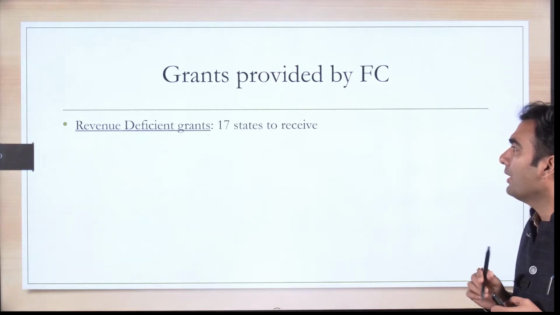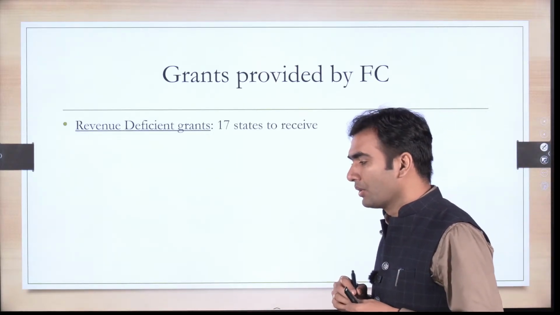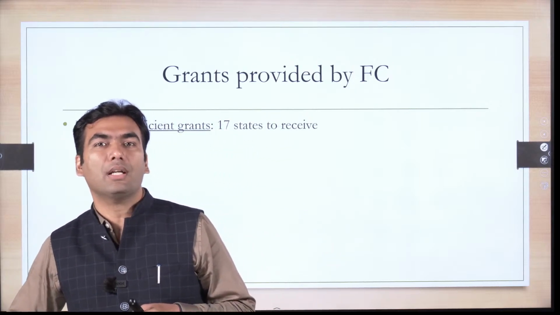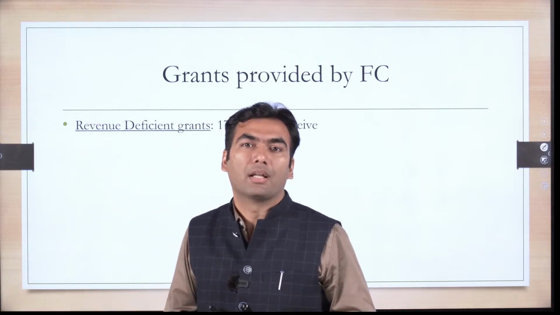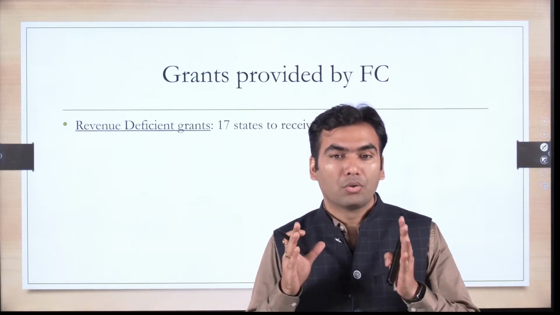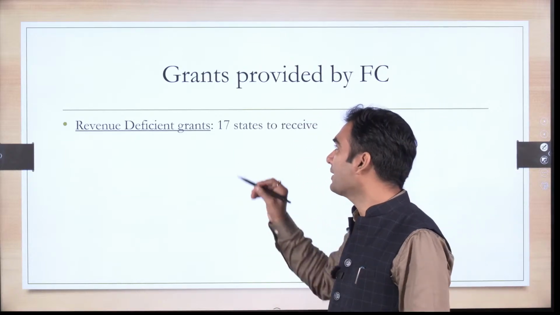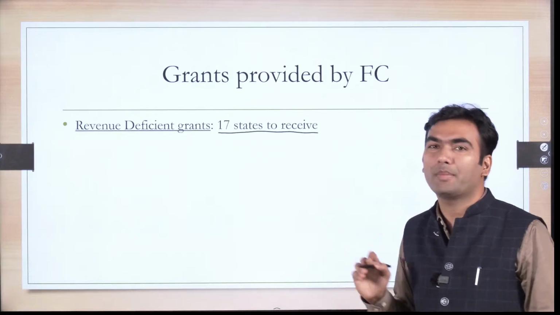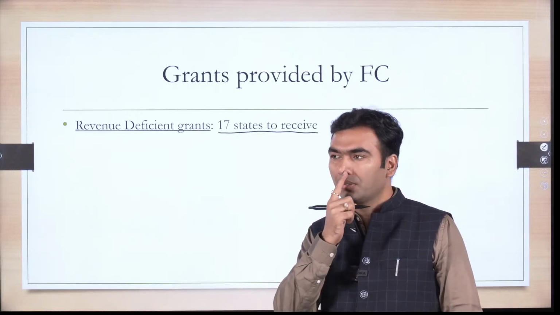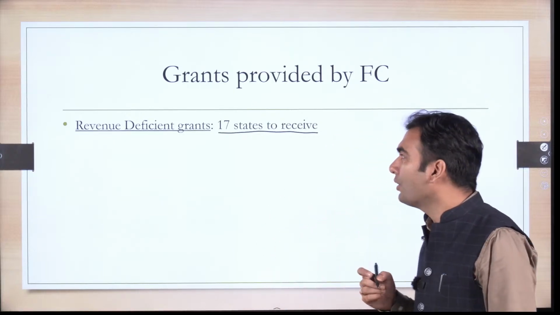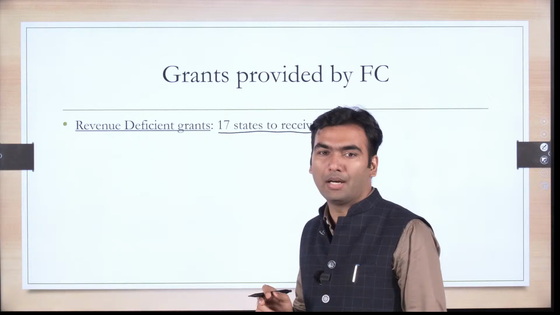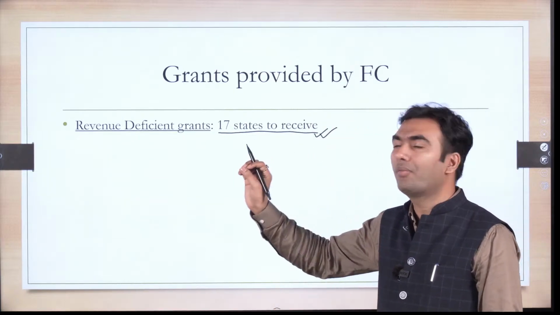First is called revenue deficit grants. The devolution is not sufficient to meet the revenue expenditure of the states. As per the projections of the Finance Commission, 17 states would not be able to meet their revenue expenditure. So for those 17 states, the Finance Commission recommends revenue deficit grants.